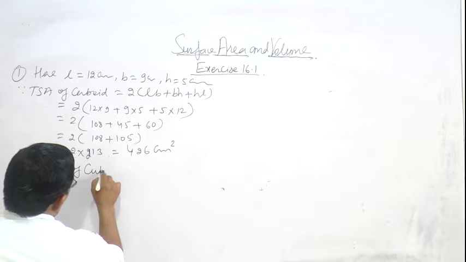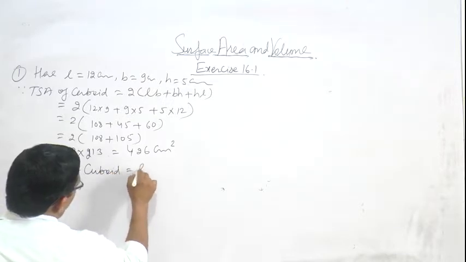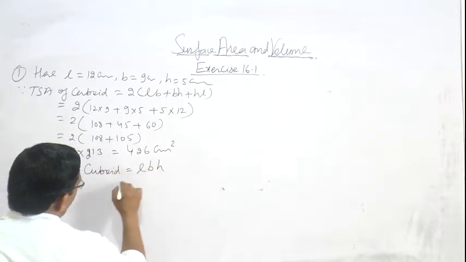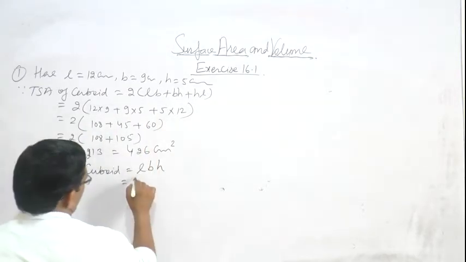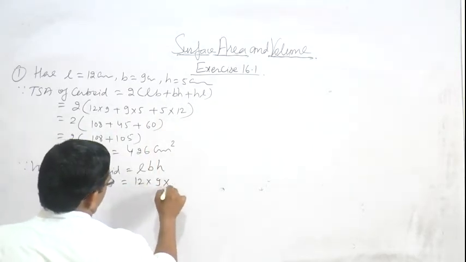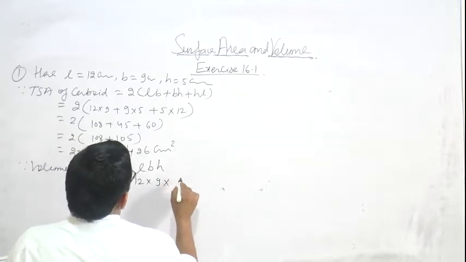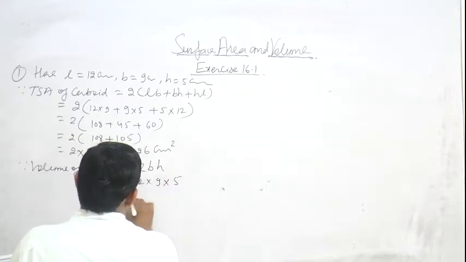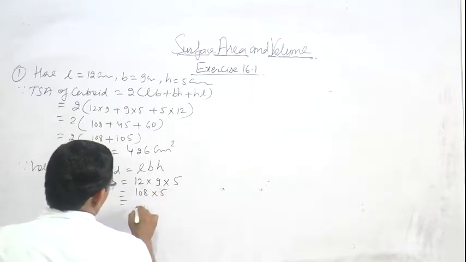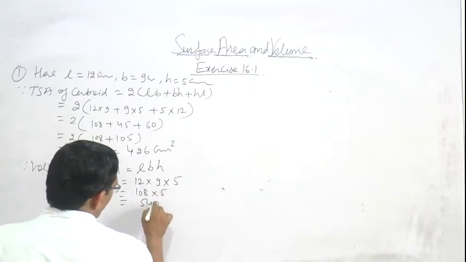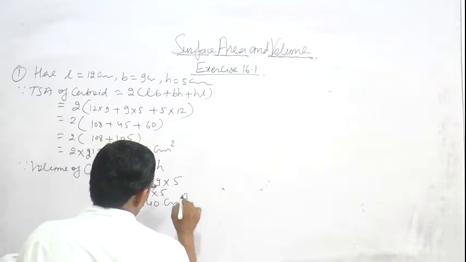Volume of cuboid is equal to LBH. So 12 multiply 9 multiply 5, 108 multiply 5, that is 540 centimeter cube.